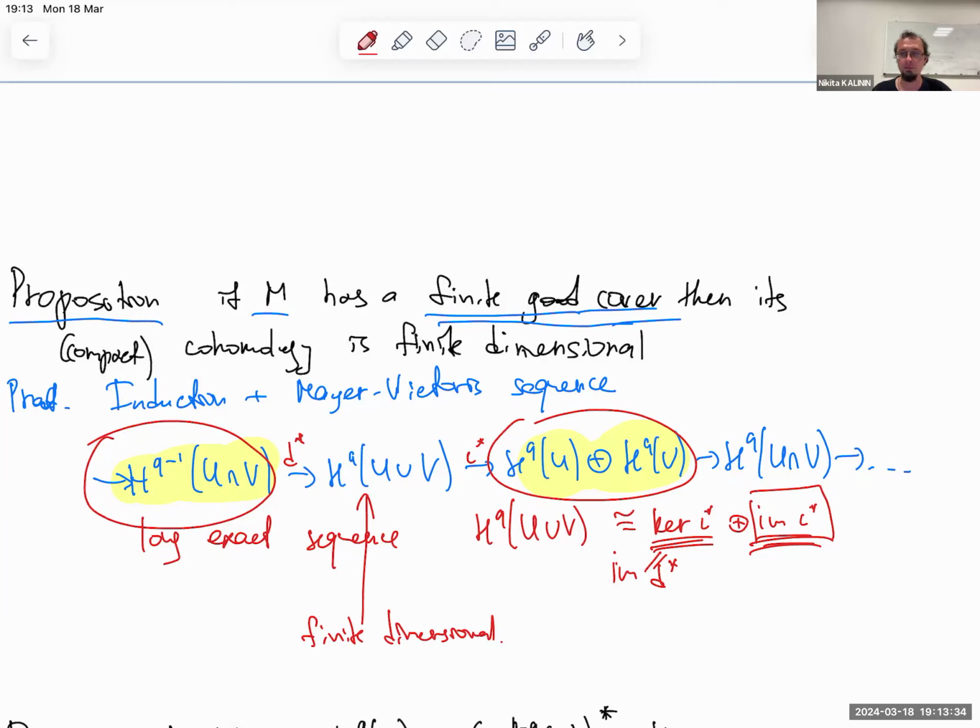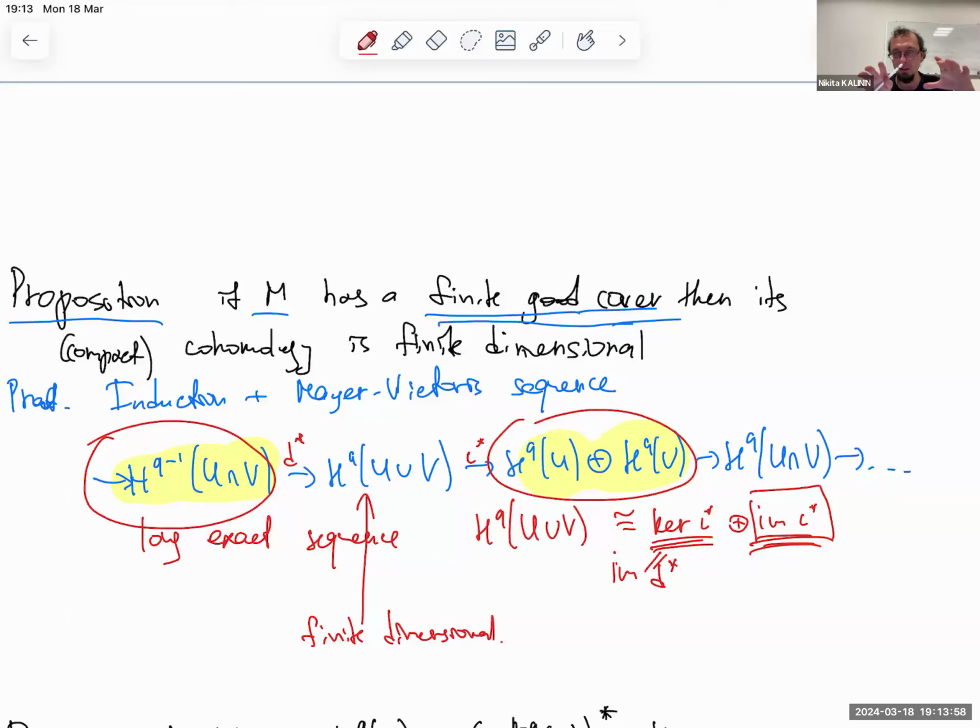So you see, that's very simple because then we can just use it by induction, right? Somewhere we need to use that all these intersections of all the elements of covers are diffeomorphic to Rn. So all the small intersections have finite dimensional cohomologies.